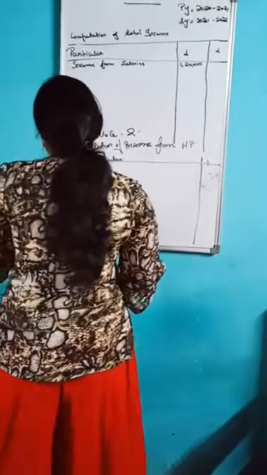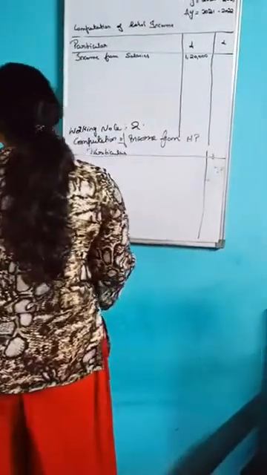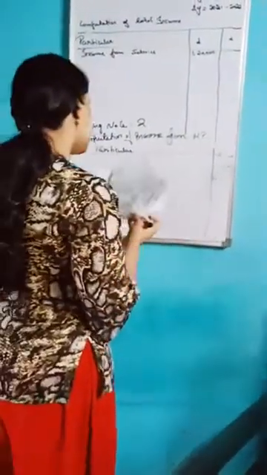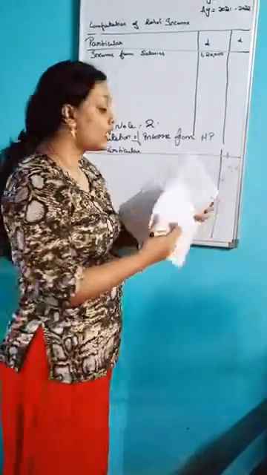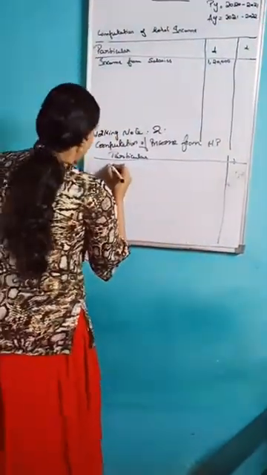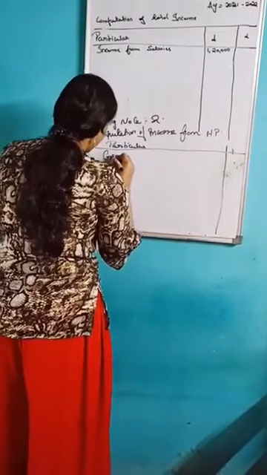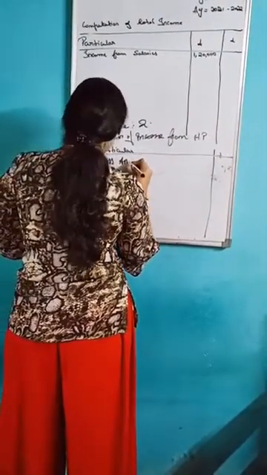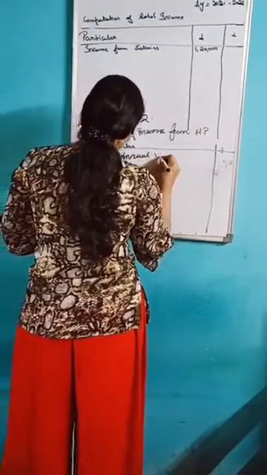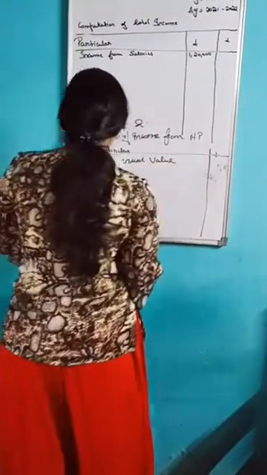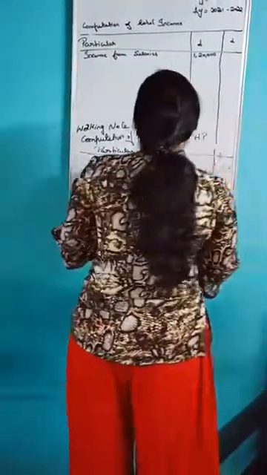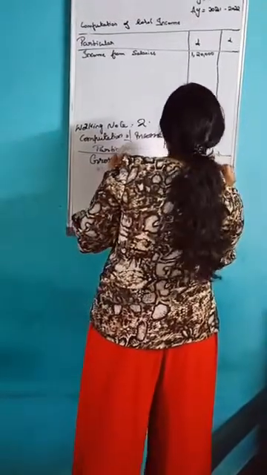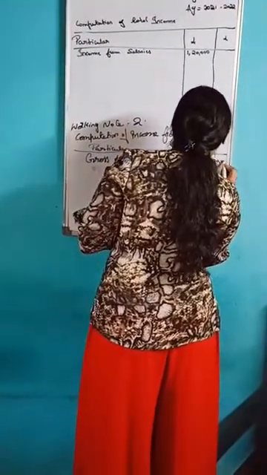Okay, so in the question they have mentioned rent received, that is the gross annual value. The question has given rent received, the amount is 1,20,000.